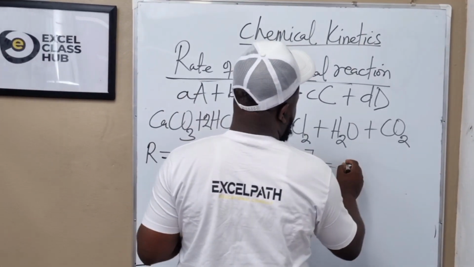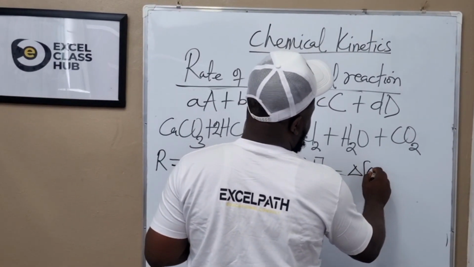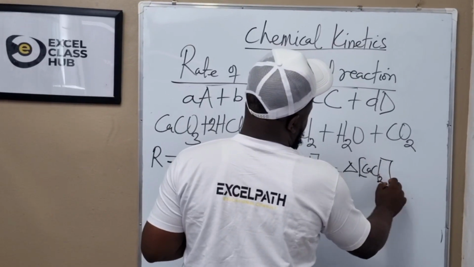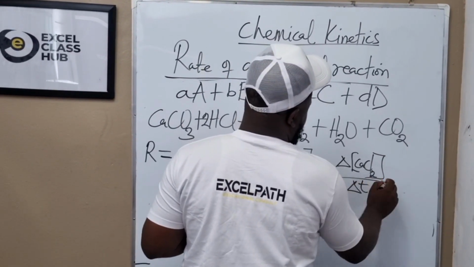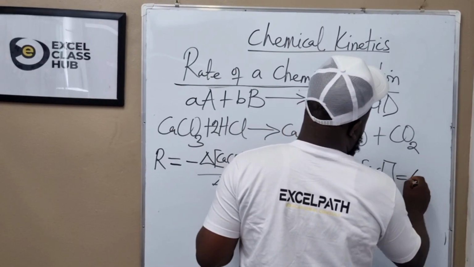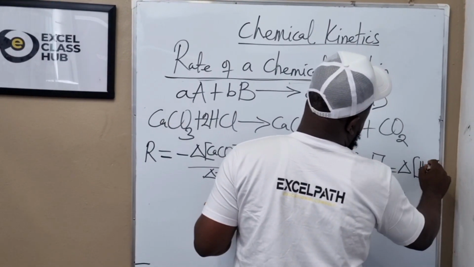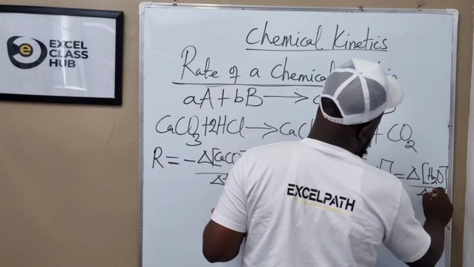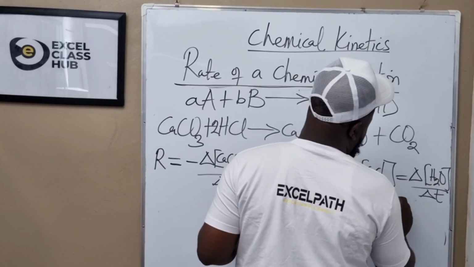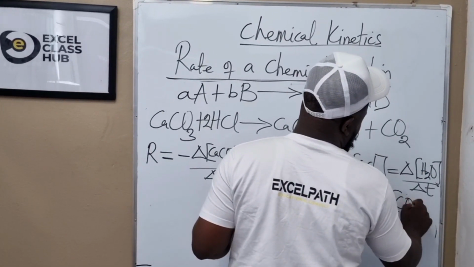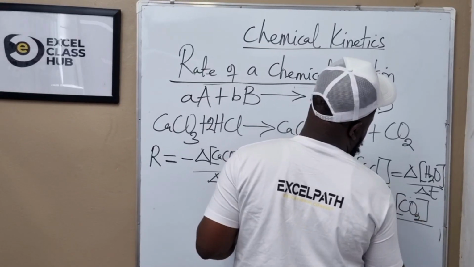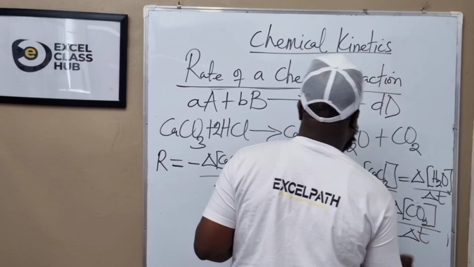So that becomes change in the concentration of calcium chloride all over change in time, is equal to change in the concentration of H2O all over change in time, is also equal to change in the concentration of CO2 all over change in time.